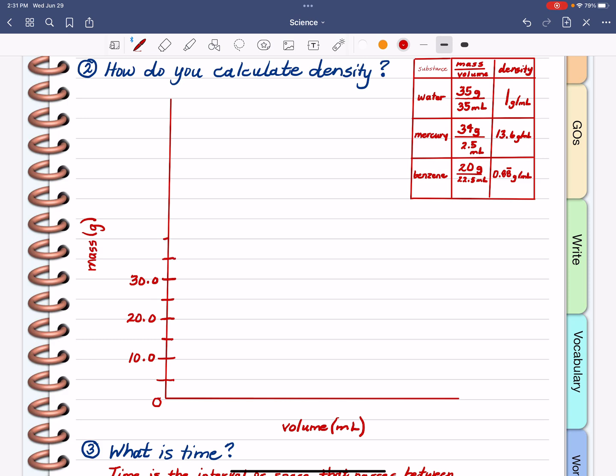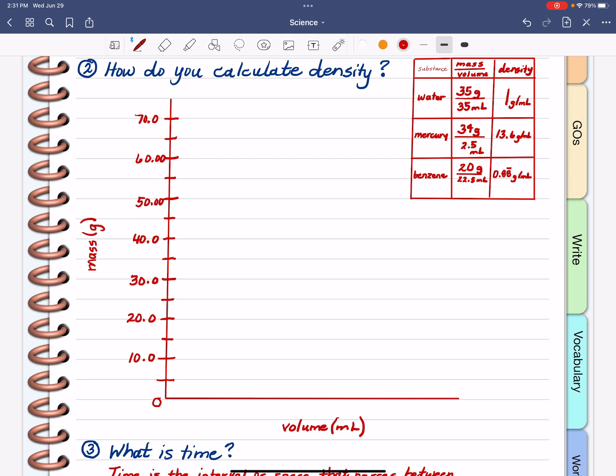So this axis is scaled by 5. Each line that I climb is worth 5. So there's 45, here's 50, here's 55, 60, 65, 70, and that's as high as we need to go. We didn't really even need to go that high.